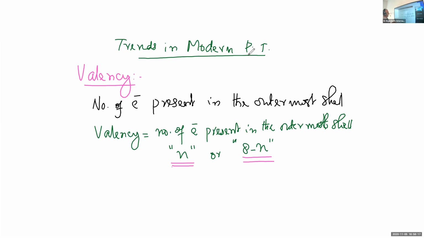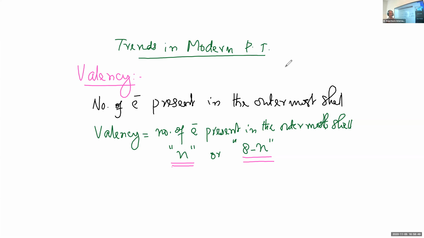We can define valency in another way also. We had seen that during chemical changes, metals have a tendency to lose electrons, while non-metals have a tendency to gain electrons. There are certain elements like hydrogen, carbon, oxygen, etc. that have a tendency to share electrons.